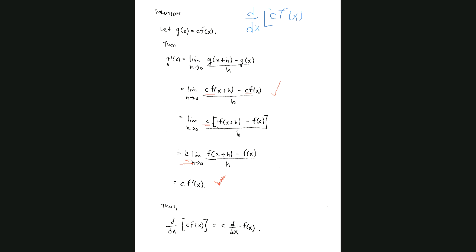And I'll make just a comment here. I'm using the bracket symbols for grouping just because it helps make things clear. But in WebAssign, remember, WebAssign usually does not like answers where you have grouping symbols. It doesn't like these brackets.